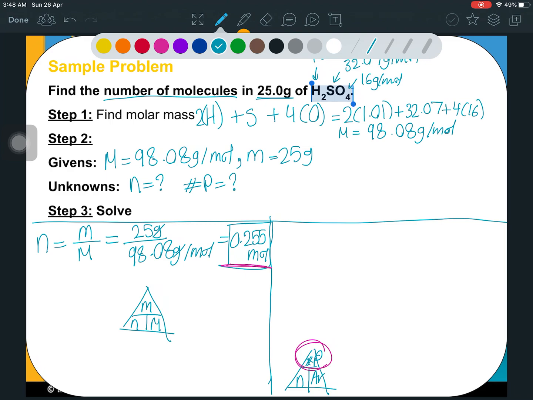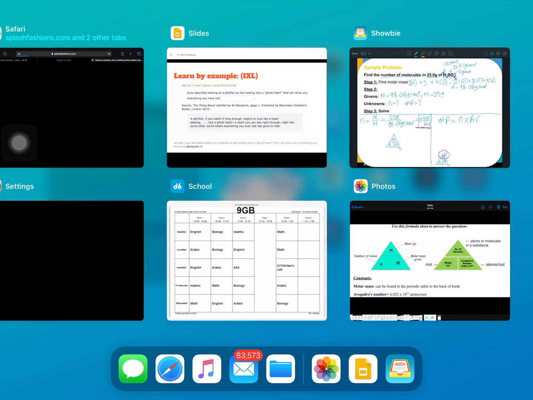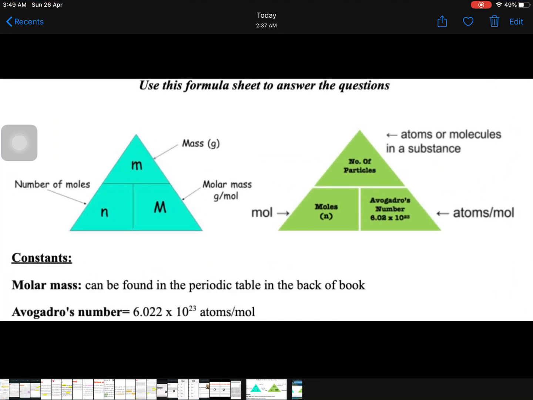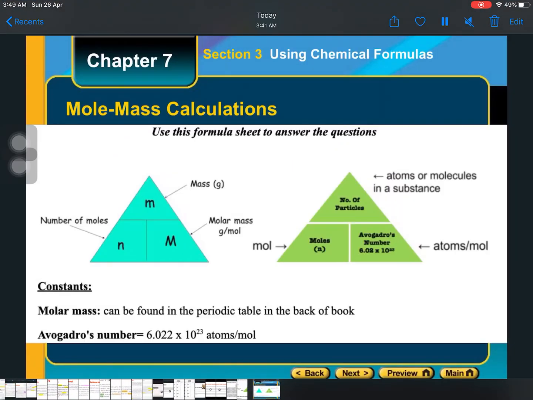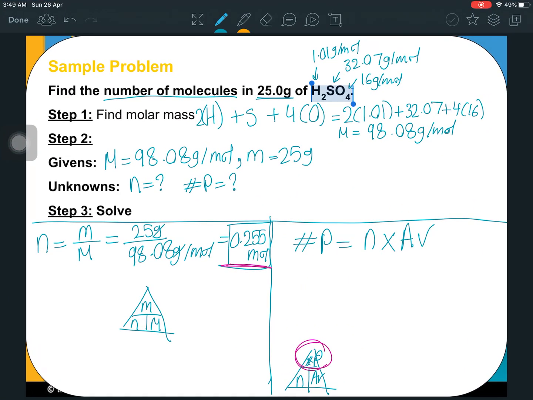So let's do this. The number of particles is equal to N times Avogadro's number. If you get confused, you can always open it here and just double check. Avogadro's number is 6.022 times 10 to the power 23. So number of particles is equal to 0.255 moles times 6.022 times 10 to the power 23.